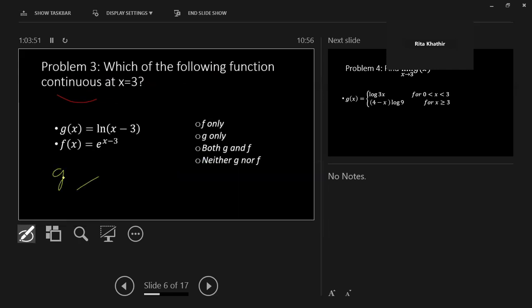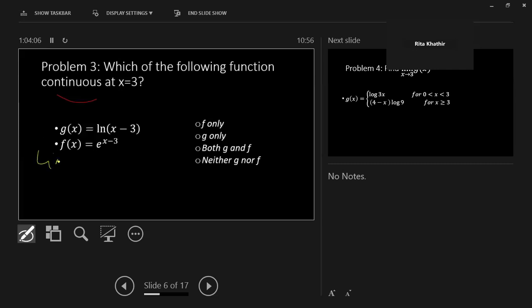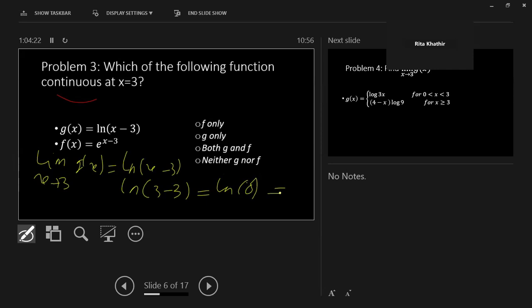Maybe we have to write also the limit. Limit as x approaches 3 of g(x) equals ln x, and then ln 3, ln 0, and it is undefined.